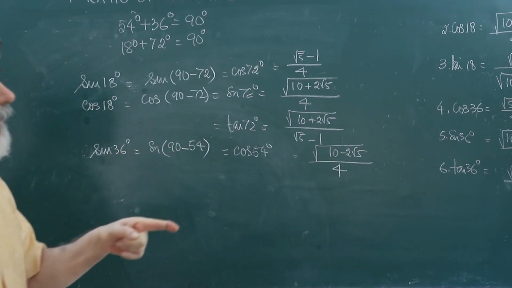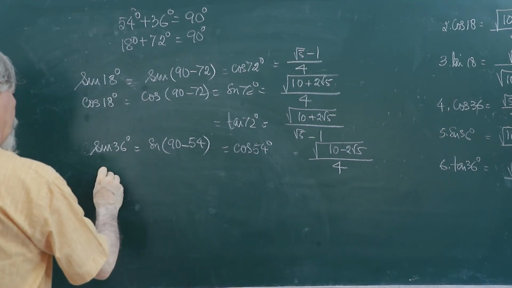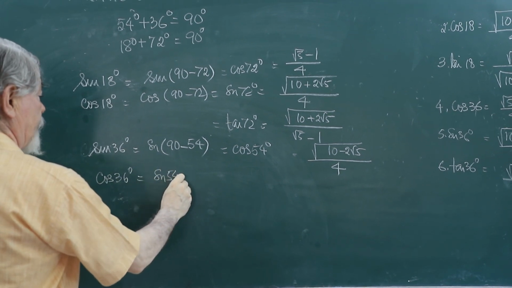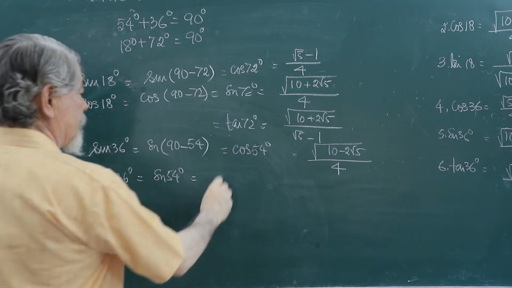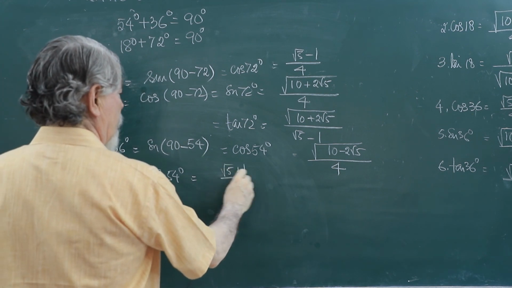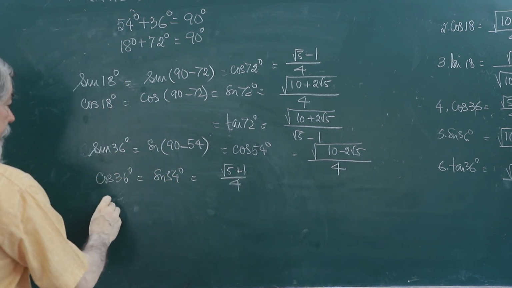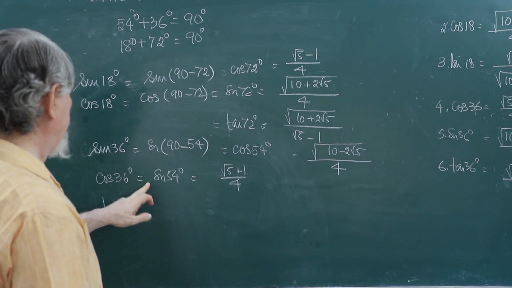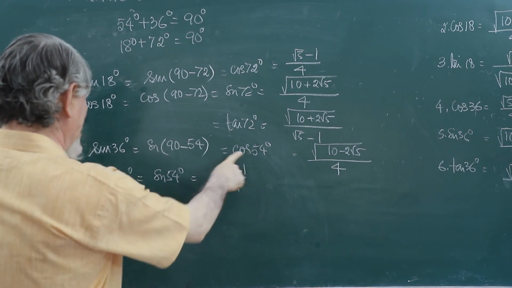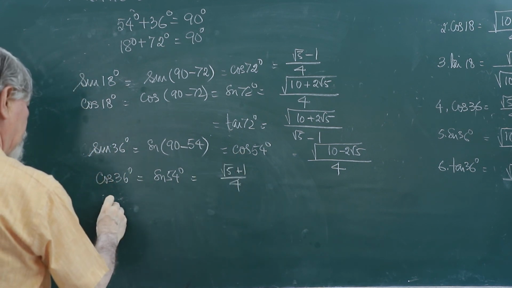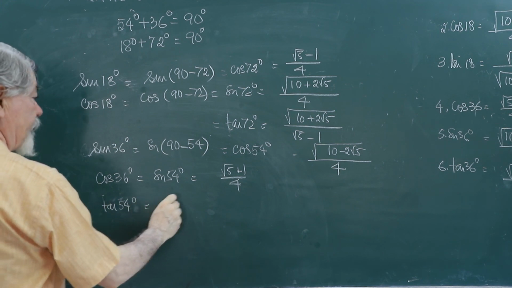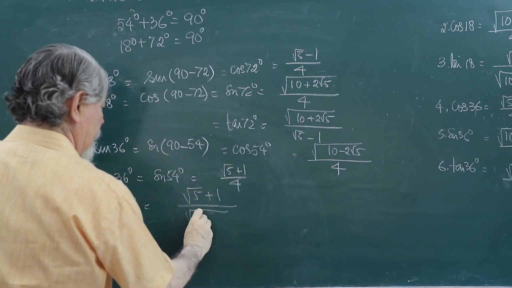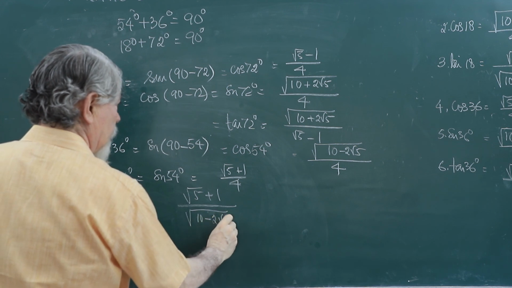So sine 36 will be cos 54, and cos 36 will be sine 54, and cos 36 is root 5 plus 1 upon 4. Now tan 54 will be sine 54 upon cos 54, that is root 5 plus 1 upon under root 10 minus 2 root 5.